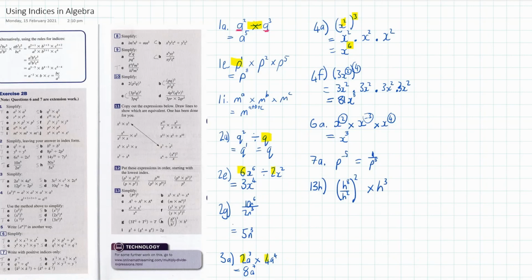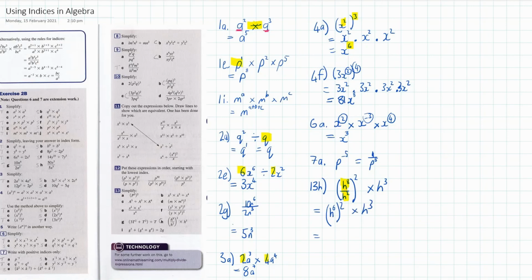So remember, we must work inside the brackets first because the rule is brackets first, BEDMAS, okay? So inside the brackets, I've got h to the power of 8 divided by h to the power of 2. I'm going to use my division index rule, the same base. So we subtract the indices. 8 minus 2 gives us 6, and that's going to be squared times h to the power of 3.